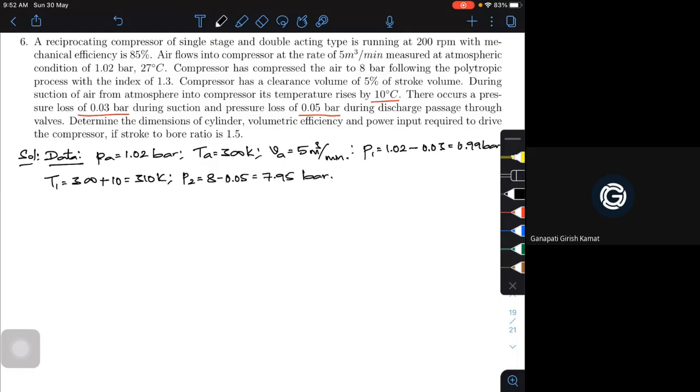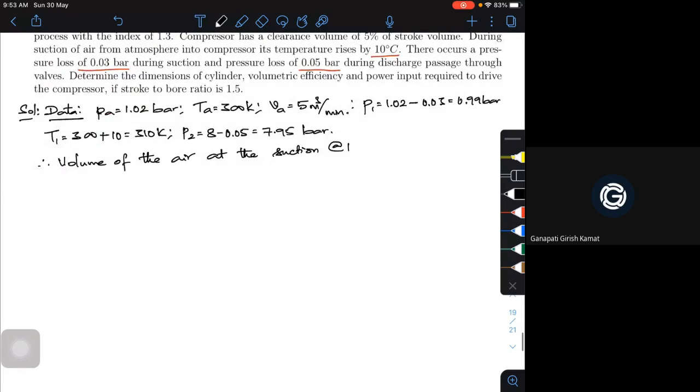They have given the atmospheric conditions, so I need to find the volume of the air at the suction, at point 1. Let me draw the PV diagram so you will be able to understand this. Okay, so this is my PV diagram. This is what I am trying to tell you.